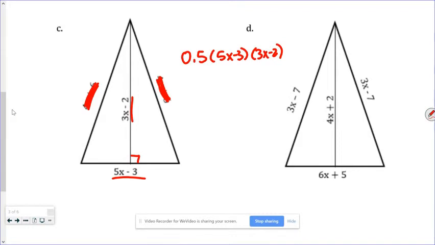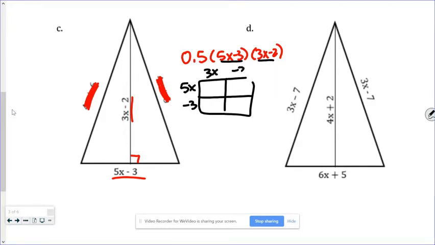Okay, since I have a binomial times a binomial, I need to either box it out or FOIL. Okay, so I have 15x squared, negative 10x, negative 9x, and 6. I look and see, okay, I can simplify diagonally. I have 15x squared minus 19x plus 6.